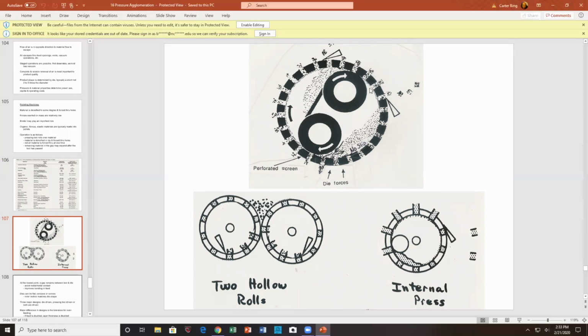The cutter blades indicate that it has to roll past to cut it off. So this outer die is rotating, and inside there may be a similar co-rotating roller.